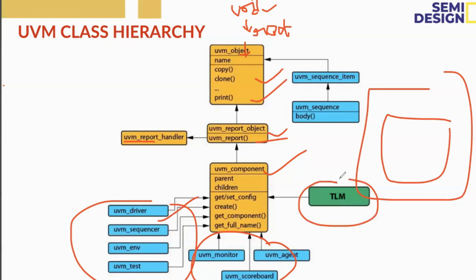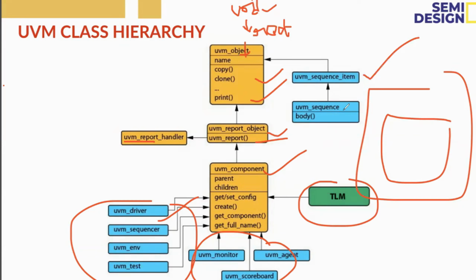And next here there is TLM. TLM is nothing but the communication between the components, right? For TLM, predefined interfaces are there. We'll discuss the TLM predefined interfaces in the coming sessions, including what the different interfaces are. And if you see here, UVM sequence item and UVM transaction.